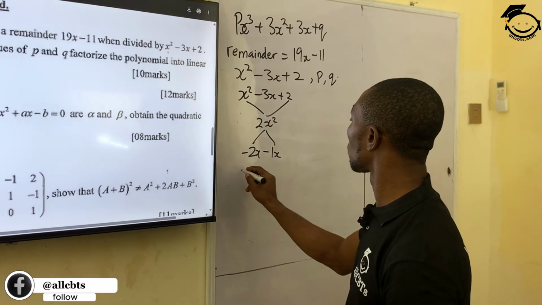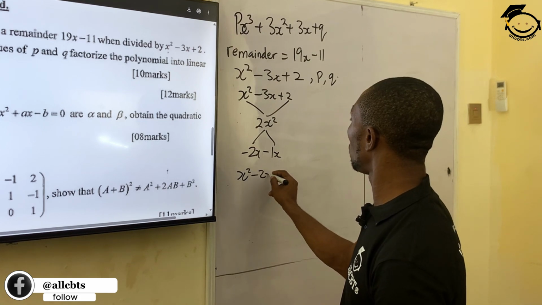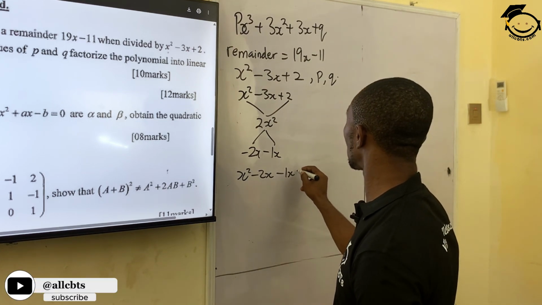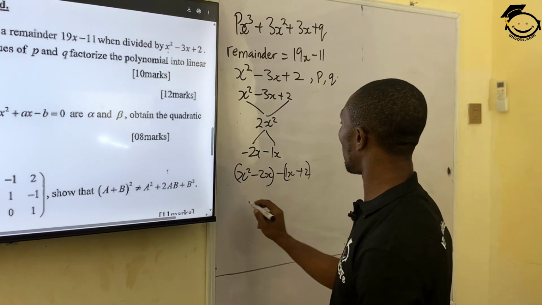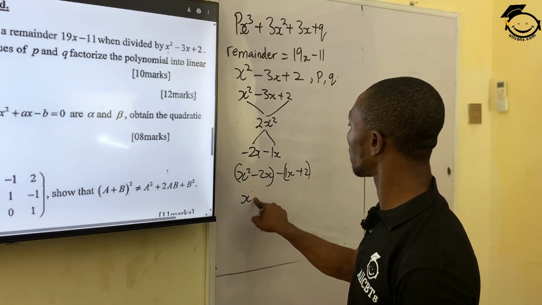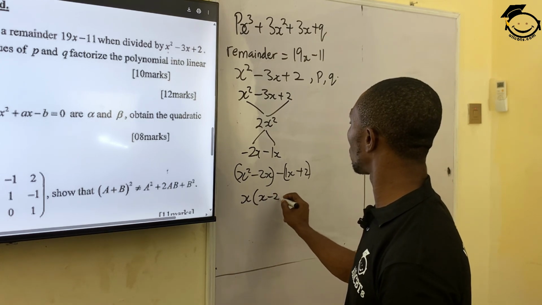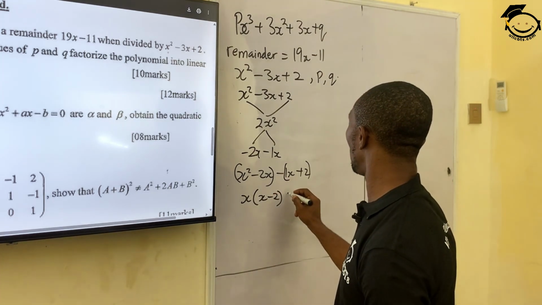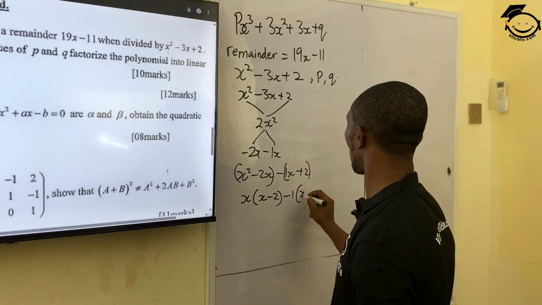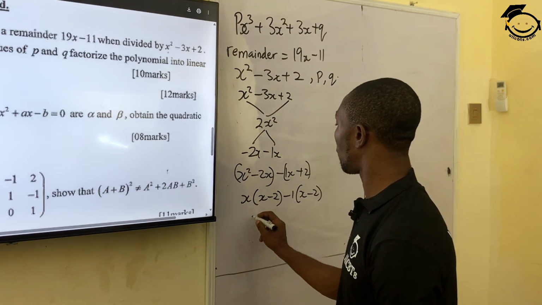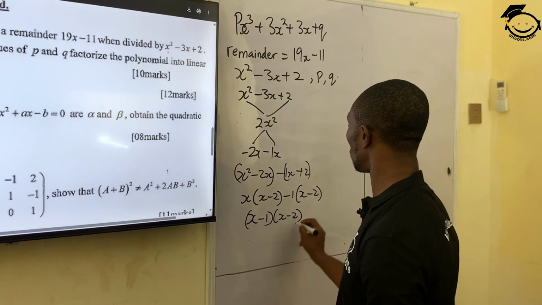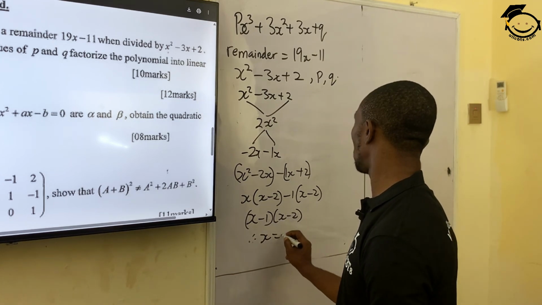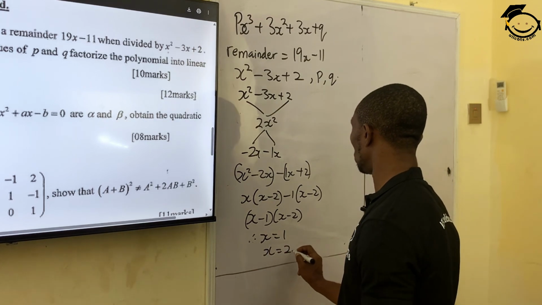So this will become x squared minus 2x minus 1x plus 2. Grouping them, we have x bracket x minus 2, and minus 1 bracket x minus 2. So our factors become x minus 1, x minus 2. Therefore, x equals 1 and x equals 2.